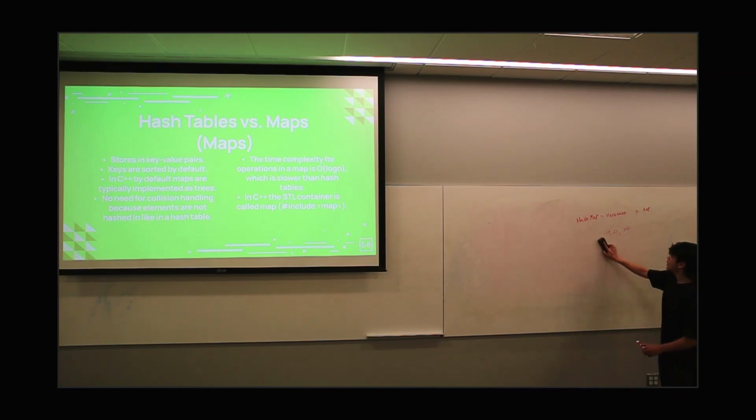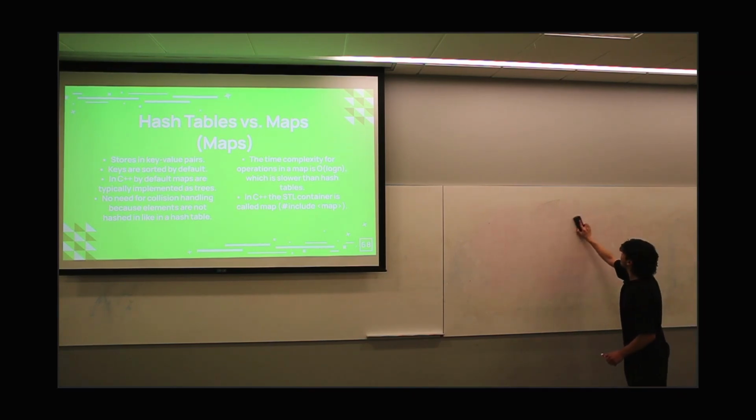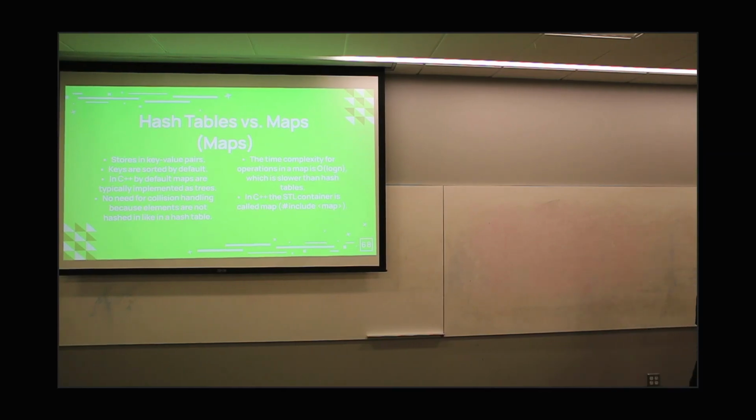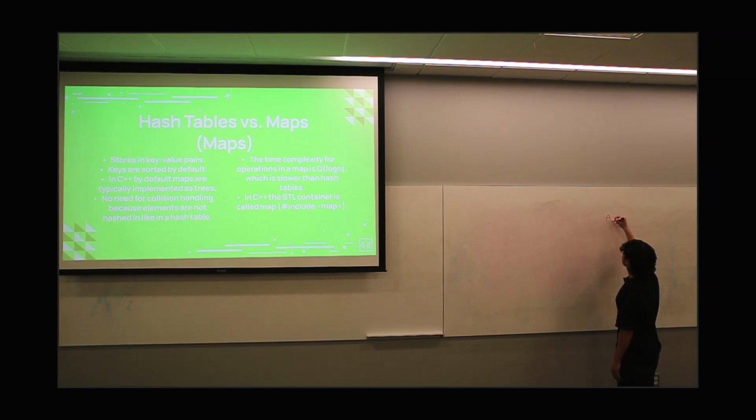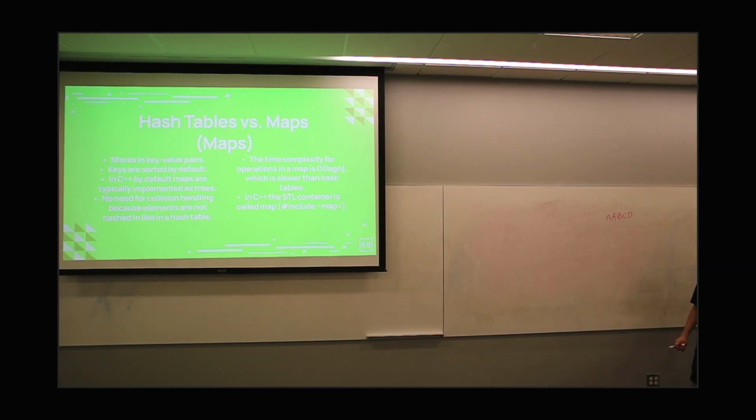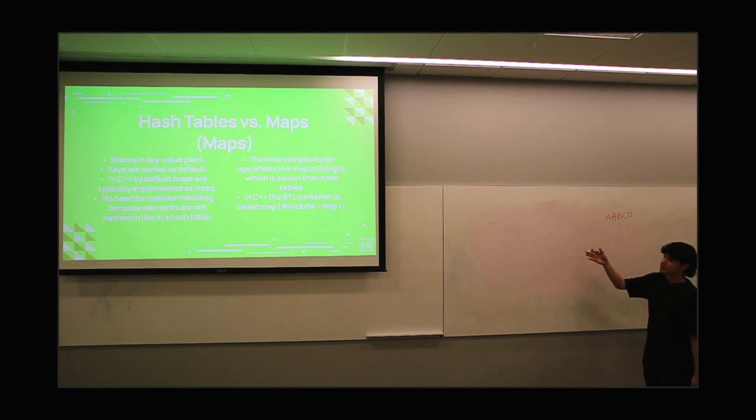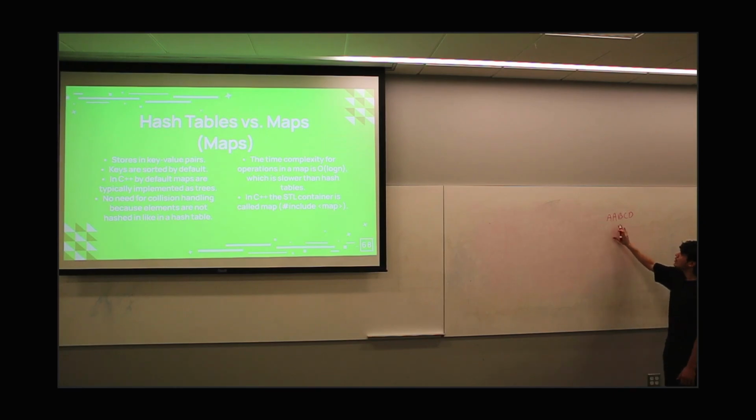So let's say you have a string, right? And you want to find out the frequency of each letter. So you could use a map. If you don't care about the order of your keys, then you would use an unordered map. So let's go step by step.